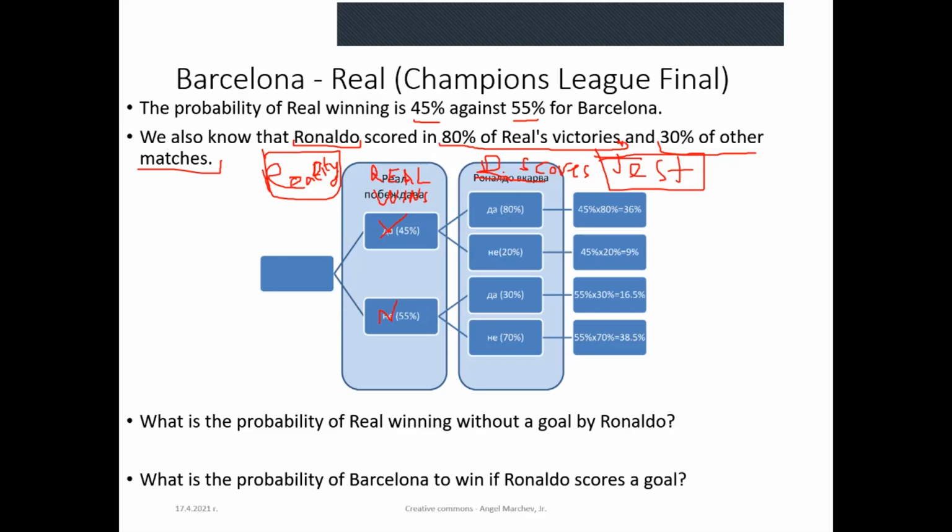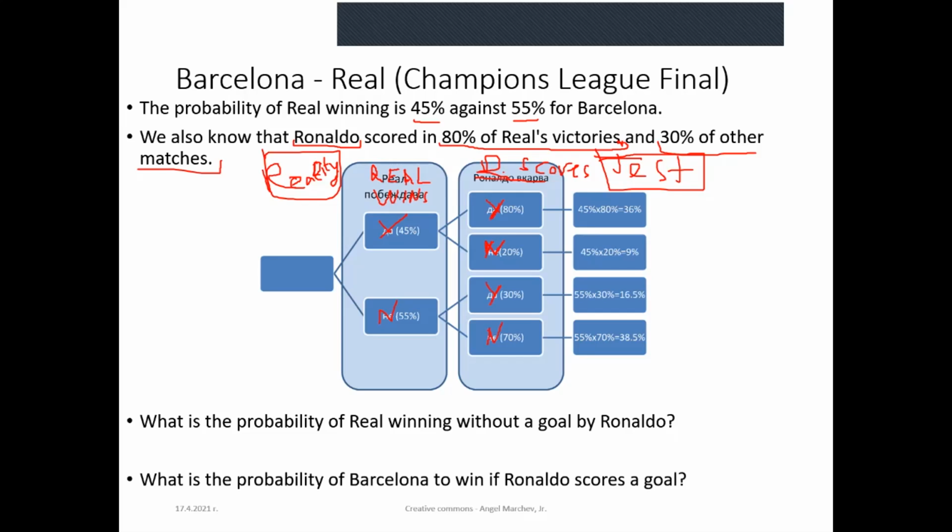We know that when Real wins, Ronaldo scores 80% of the time, and obviously in the remaining 20% he doesn't score. And out of the games that Real does not win, Ronaldo scores 30% of the time, and in the remaining 70% he doesn't score.